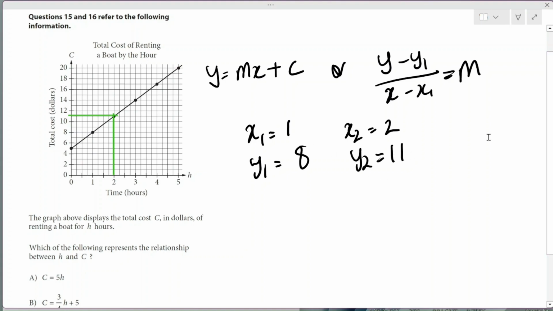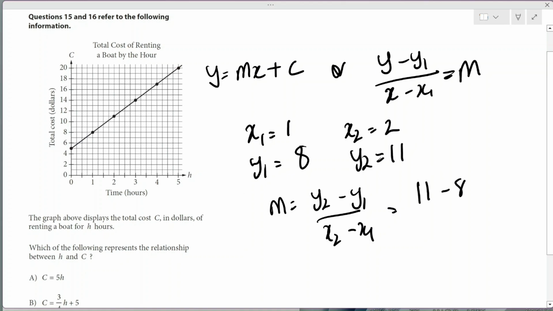With these values, you can find the gradient. The formula for gradient, m, is equal to y2 minus y1 over x2 minus x1. This is equal to, your y2 is 11, your y1 is 8, so you have 11 minus 8 over, your x2 is 2, x1 is 1, so x2 minus x1 is 2 minus 1.